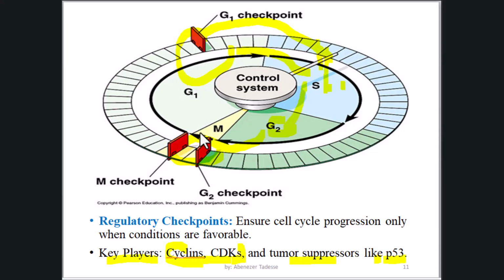Also, once the cell is in the M phase, there is another checkpoint from the metaphase to the anaphase. This transition can be further regulated by various mediators. If there are no errors, the cell can transit to the further phase, divide into two daughter cells, and continue its growth or proliferation. This is the mechanism by which the cell cycle is governed.